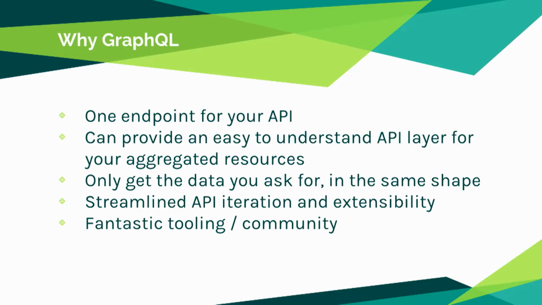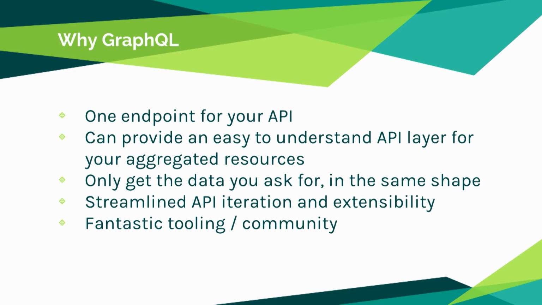I can get that back, and I would not get, as in a typical RESTful interface, the user's avatar, all of their metadata, other things like that. And you might not necessarily need all that information. So GraphQL makes it so you only get exactly what you asked for in the same shape that you asked for it.